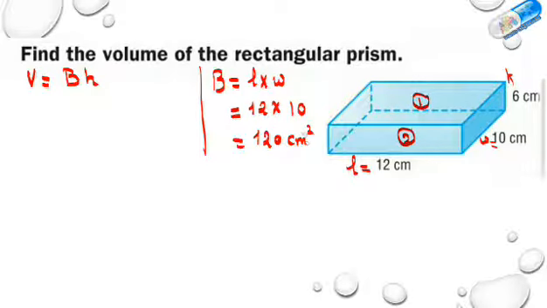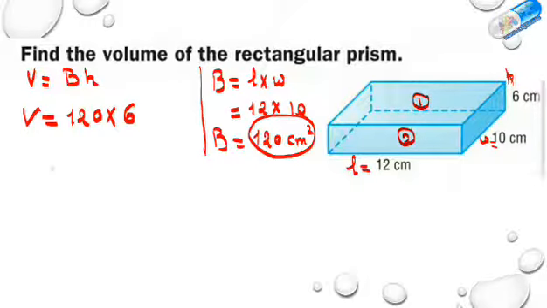Now we get this area and we multiply it here. V equals, because remember this is the B, instead of B write 120, multiplied by H, which is 6 centimeters, and if I multiply it, you get 720, and don't forget that it is in cubic centimeters because we measured the volume.